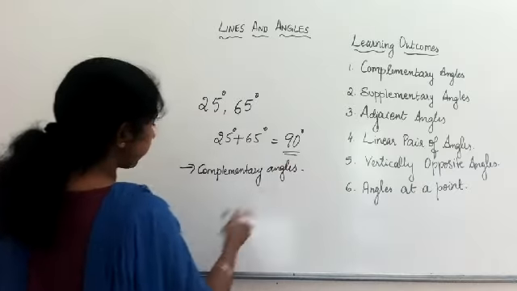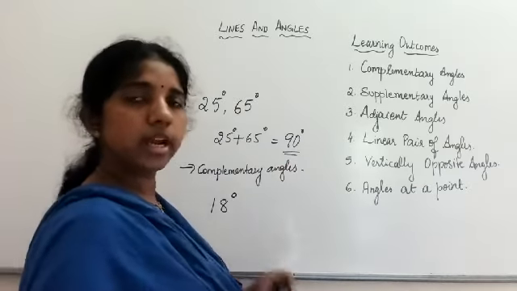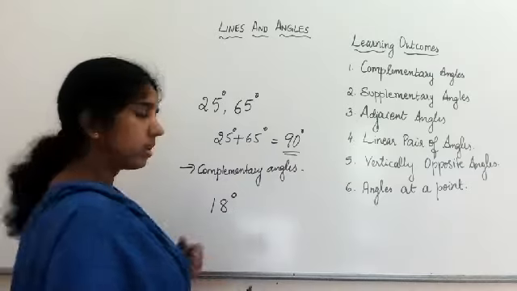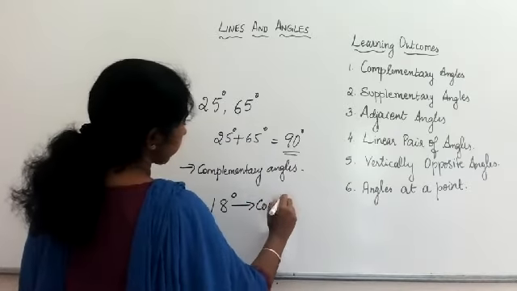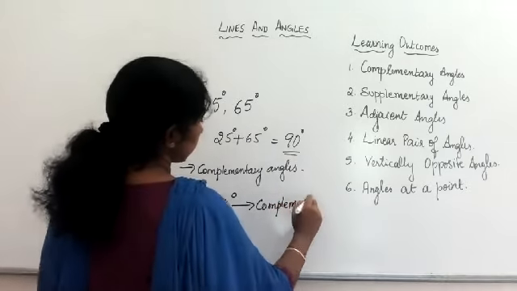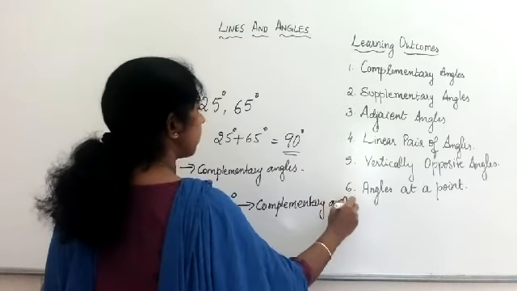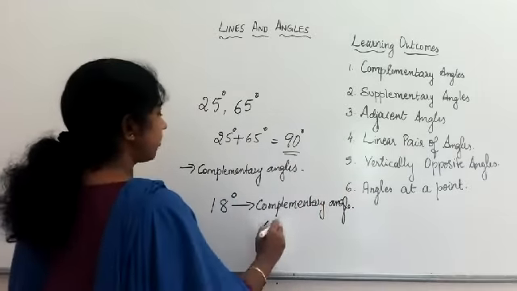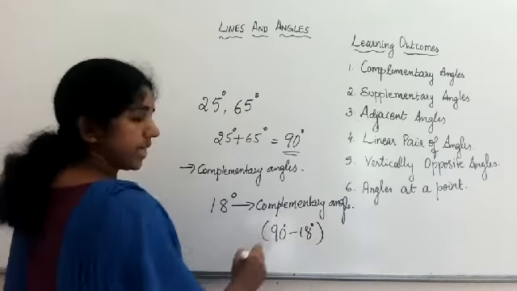If I say 18 degree, what is the complementary angle for 18 degree? How do you find it? You have to do 90 degree minus 18 degree.